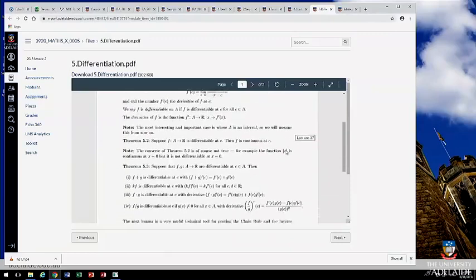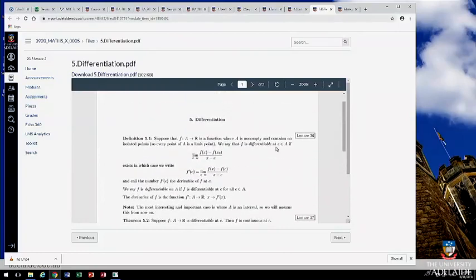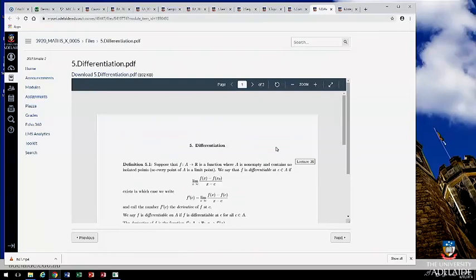And so classic functions like polynomials would be differentiable, and I don't think we need to prove that. It would be okay to say that x is differentiable, because f of x minus f of c over x minus c is x minus c over x minus c, which is always 1, and so that's okay. Okay, cool. So just going back. So we actually would have to calculate that limit.